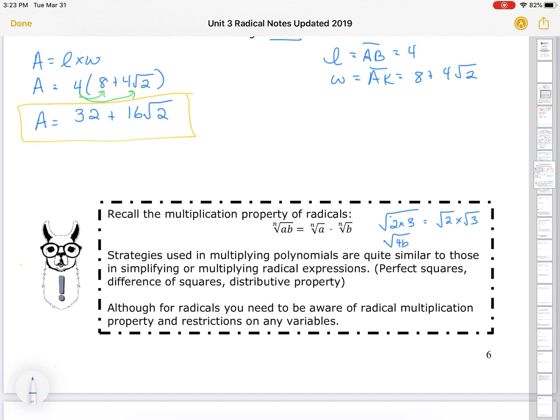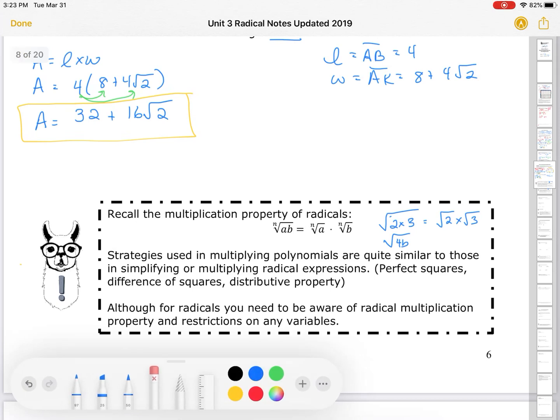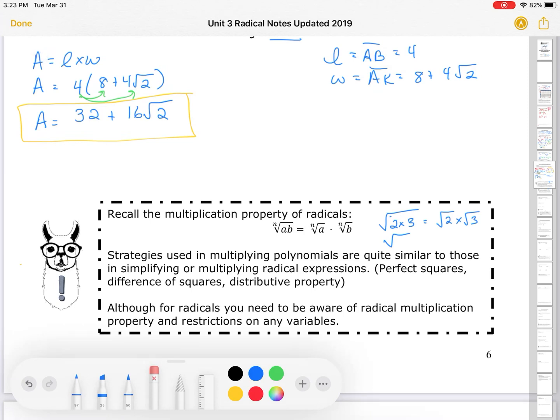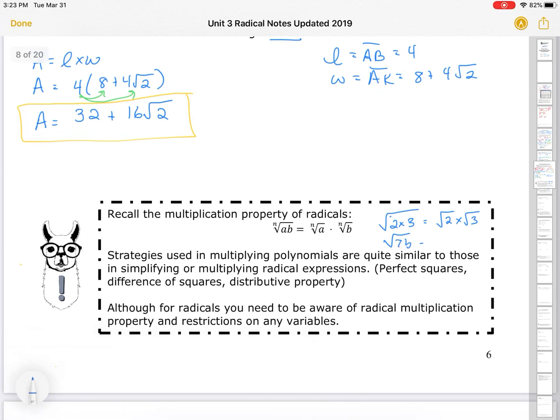Similarly, if I have the square root of 7b, it's equal to the square root of 7 times the square root of b.